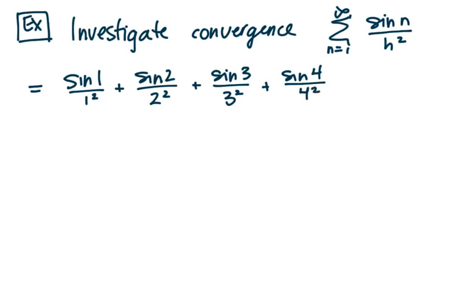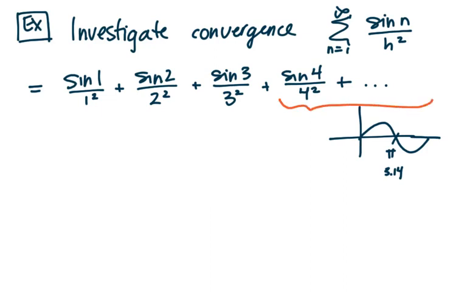Now we're used to dealing with sine of pi values, and if you consider your sine graph, it looks roughly like this, and we have an x-intercept at pi. Pi is roughly 3.14. So when I look at my sine values for sine 4, sine 5, and sine 6, those are all going to have a negative numerator, and of course the denominator for all of these is always going to be positive.